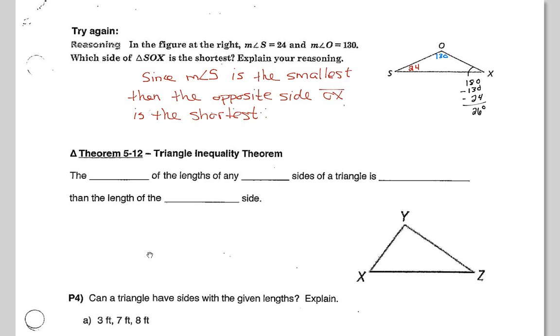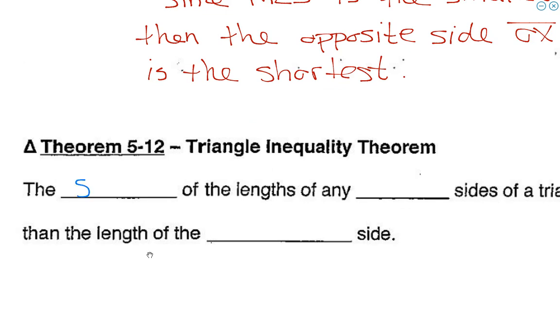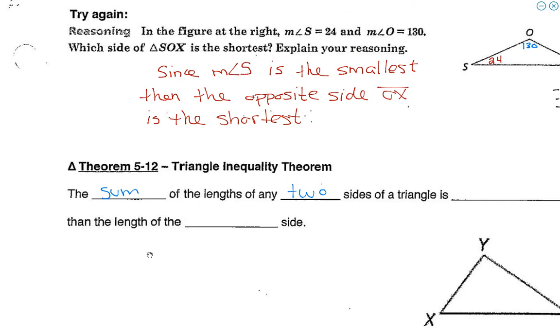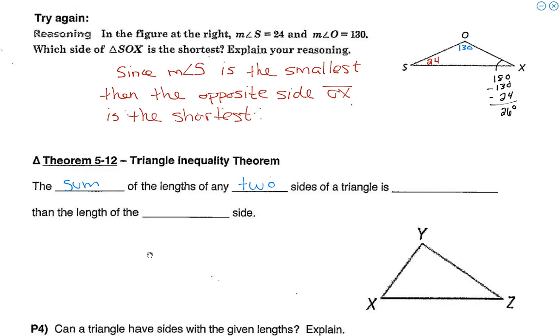All right, Theorem 5.12, triangle inequality theorem. The sum of the lengths of any two sides is greater than the length of the third side.